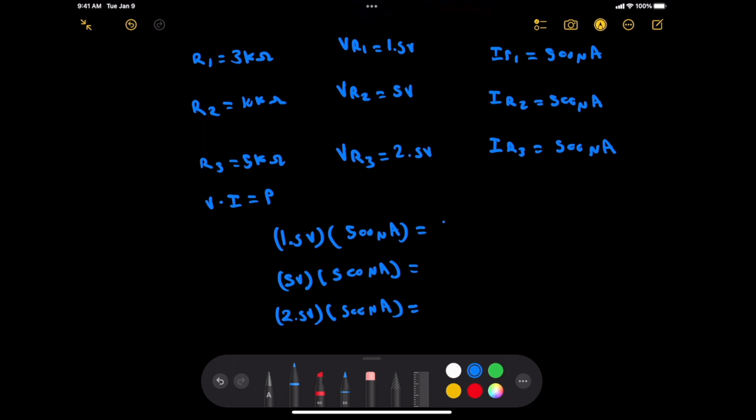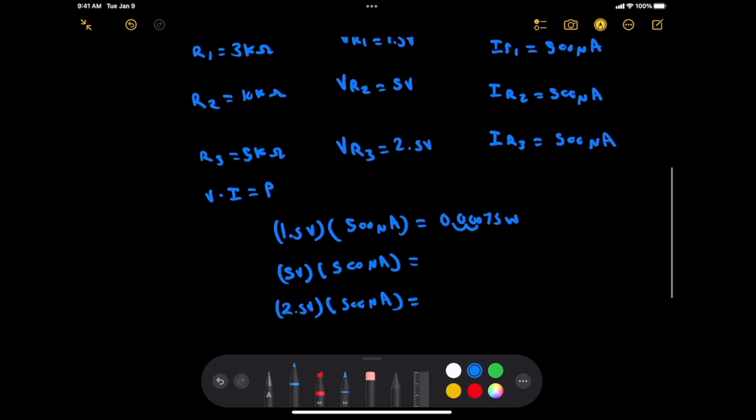All right, we're going to get 0.00075 watts. And that's going to convert into 75 microwatts.